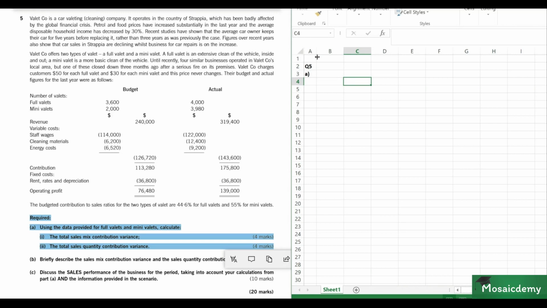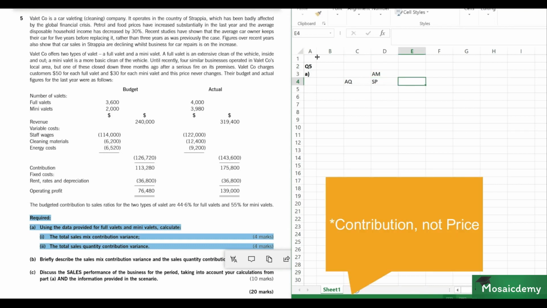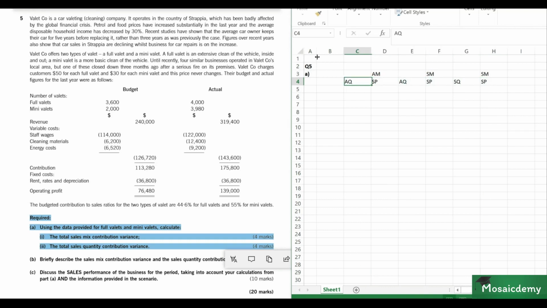The first total, we're going to take the actual quantity at the actual mix and the standard price. Second total, we're going to take the actual quantity as per the standard mix into the standard price. And the last total, we're going to take standard quantity, or in the case of sales, technically it's the budgeted quantity, into the standard mix and the standard price, okay?